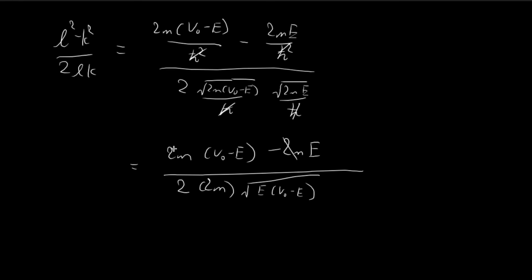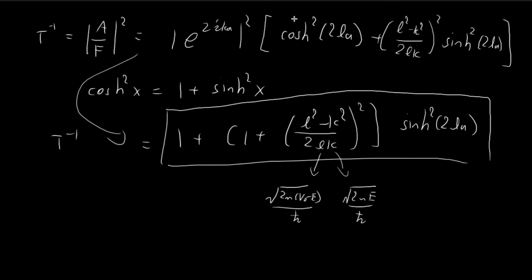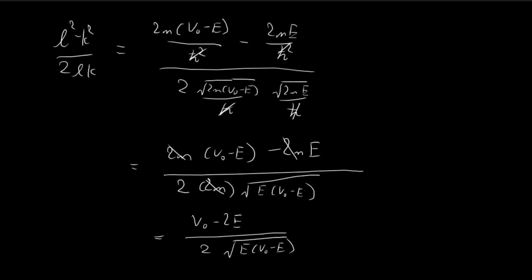And so now cancelling these two terms, we're left with V0 minus 2E in the numerator, and in the denominator we have 2 times the square root of E times (V0 minus E). And we can further simplify this expression, because don't forget we need to square the entire expression, so this is just the inside term, so we also need to square the whole thing.